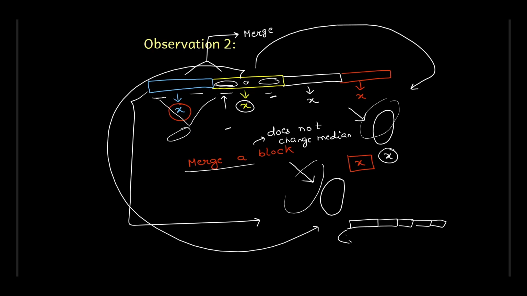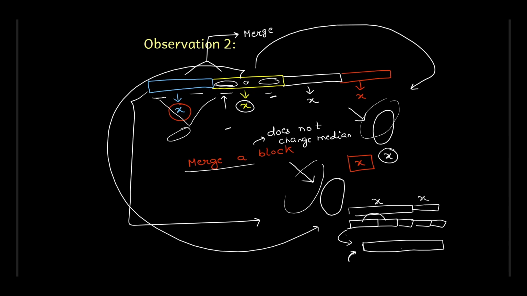So you can merge all the blocks to get the original array. And by inductive reasoning, if the median of the first merge is equal to X and you have created a bigger block, then the median of the next merge will also be equal to X. So if you keep on doing this process, you will get the entire array.